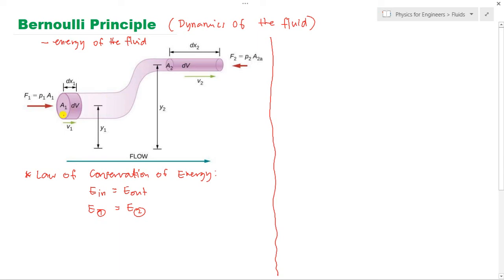So in this figure, as you can see, state 1 is the input and state 2 is the exit or the output. The fluid flows from point 1 to point 2. Here are the variables written in the figure. F1 is equal to P1A1, where P indicates pressure. F is the driving force or the pressure force.